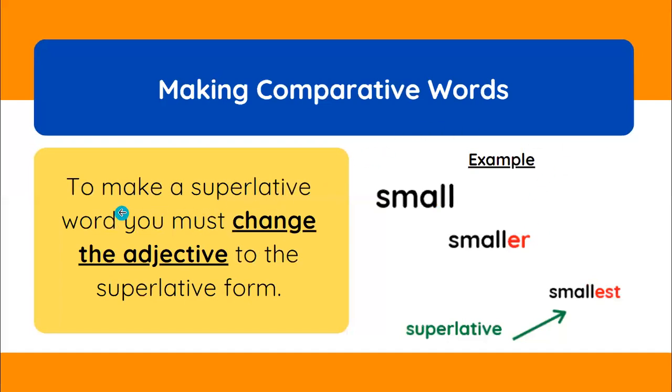All right, help me to read it, please. To make a superlative, how do you pronounce this word? Superlative. Okay. To make a superlative word, you must change the adjective to the superlative form.